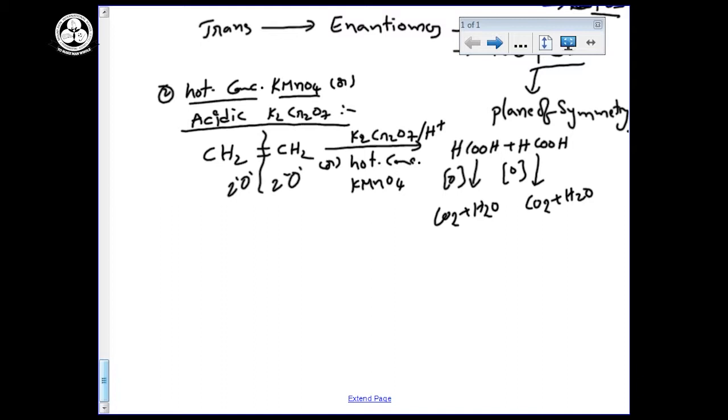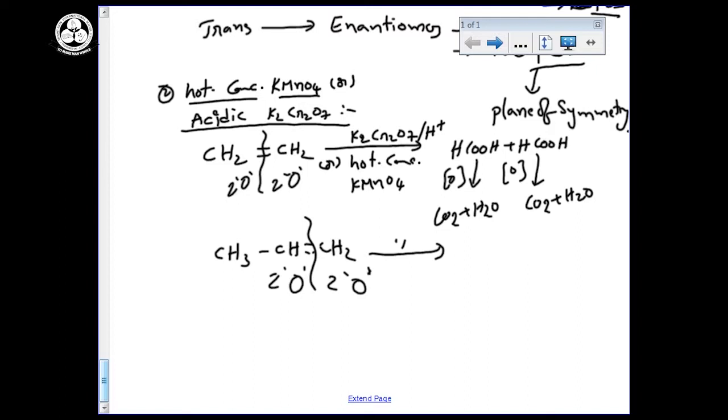Ozonolysis is the mild oxidation, but here acidic KMnO4 or K2Cr2O7 is the strong oxidation, CH double bond CH. The same reagent you can use, break up to here, this side 2 oxygens, this side also 2 oxygens.